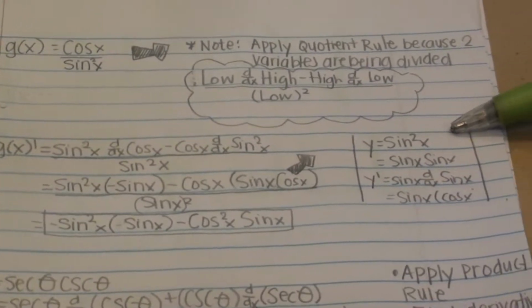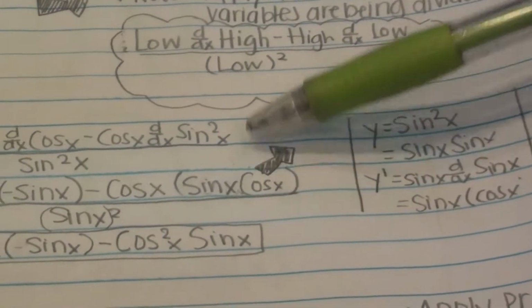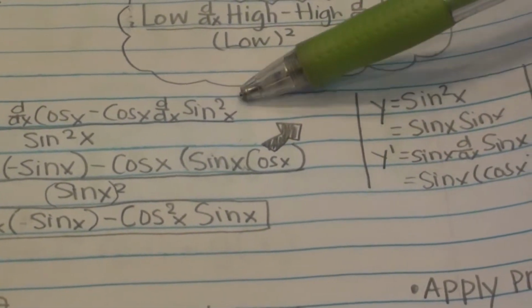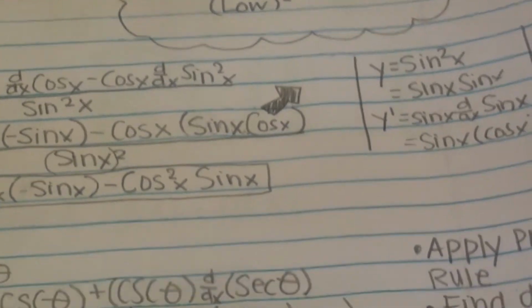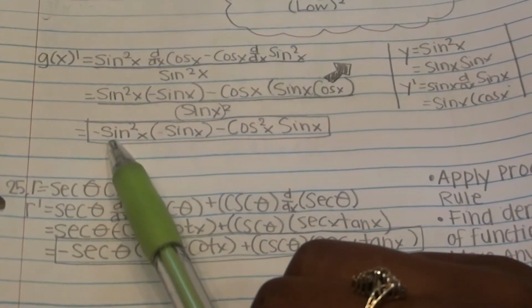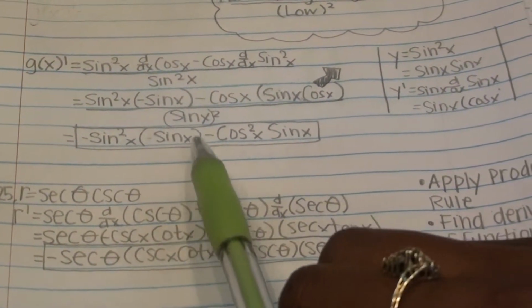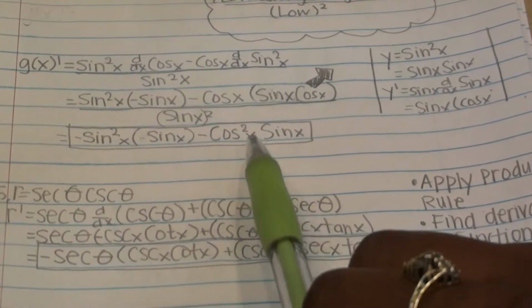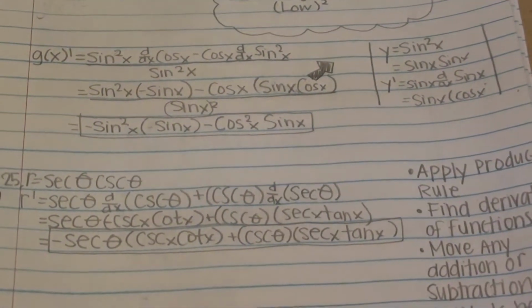Here I broke it down on how to find the derivative of sine squared of x, since there's two variables being multiplied together. Therefore, the answer would be negative sine squared of x times sine of x minus cosine squared of x times sine of x.